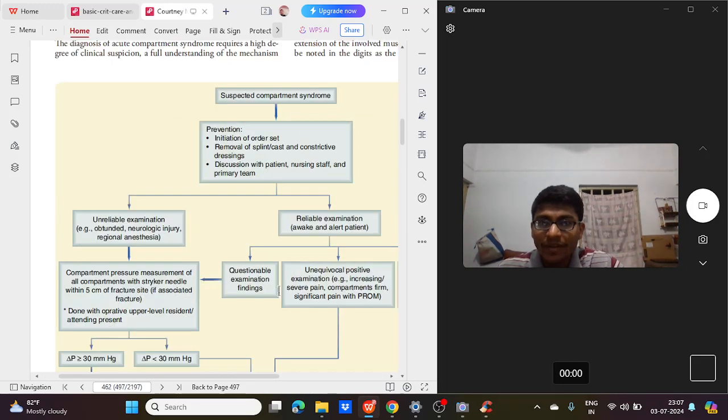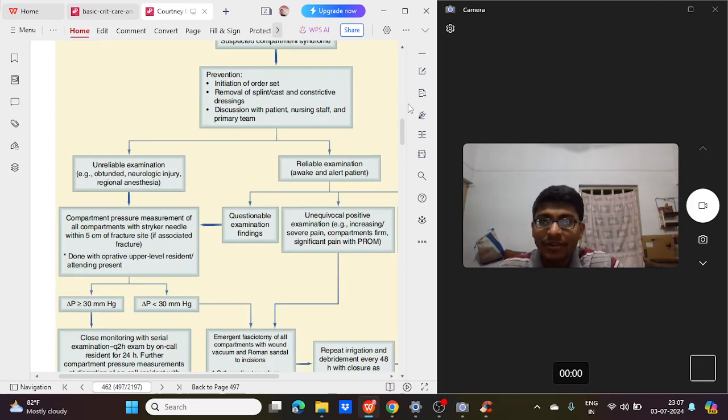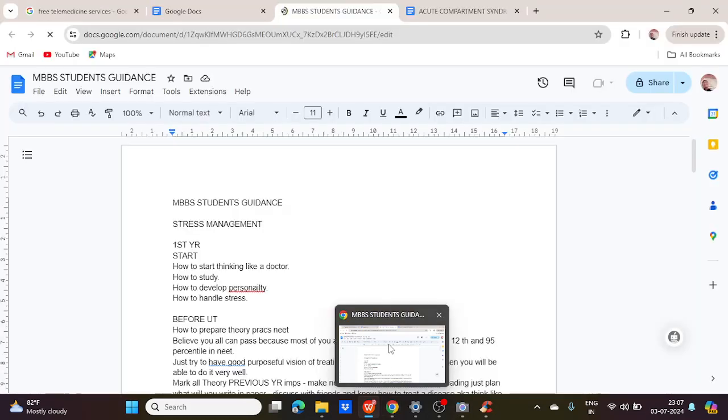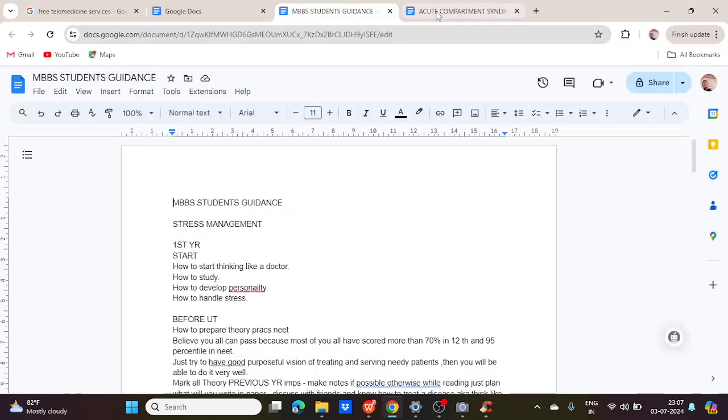So I hope you have understood this flowchart. That will be of very much help. And I had to discuss some points regarding acute compartment syndrome.